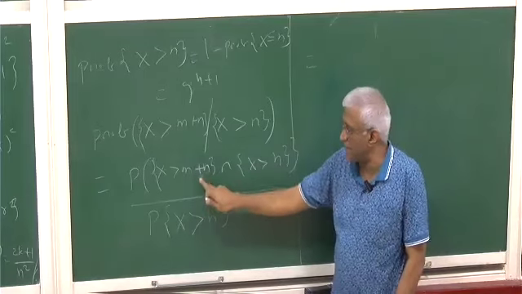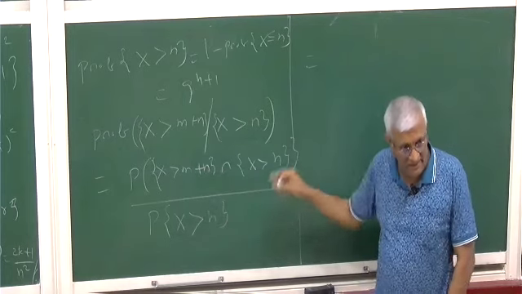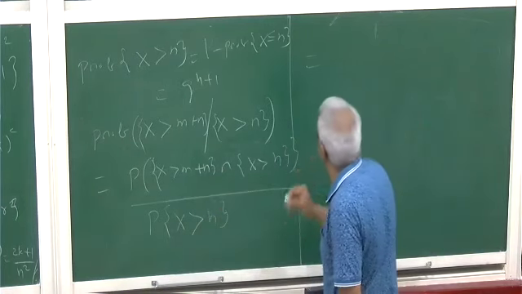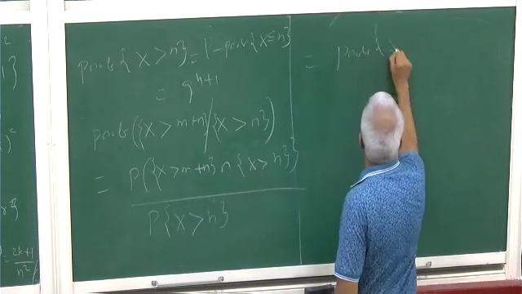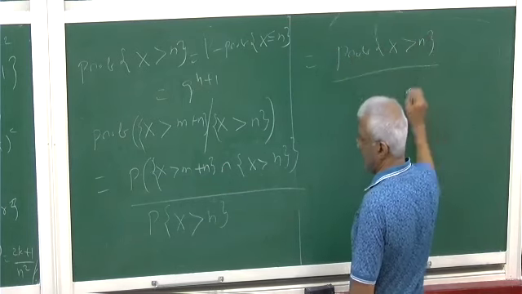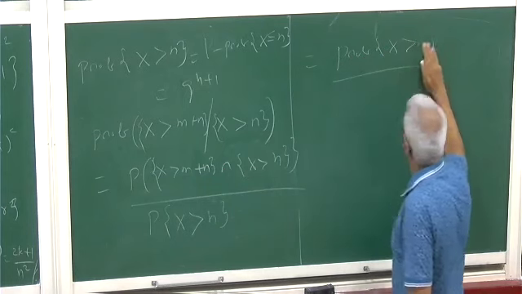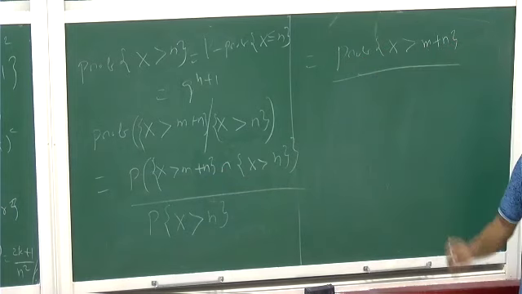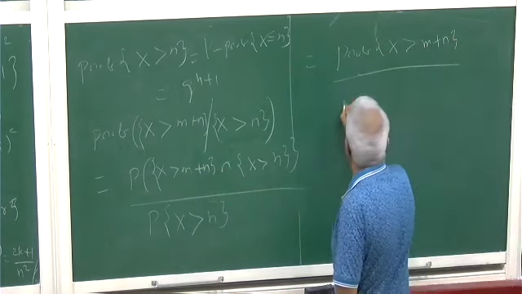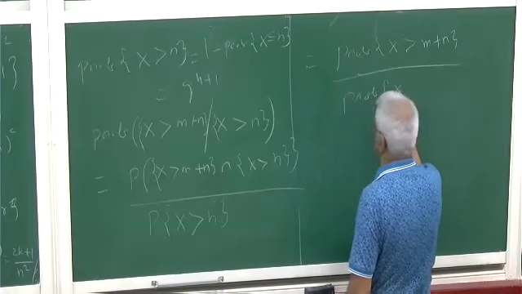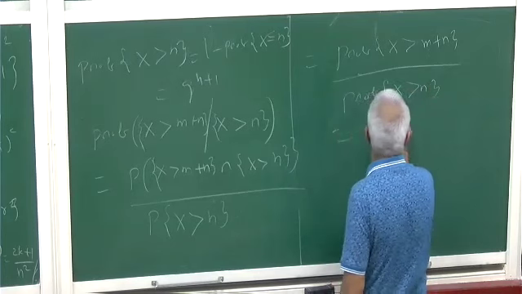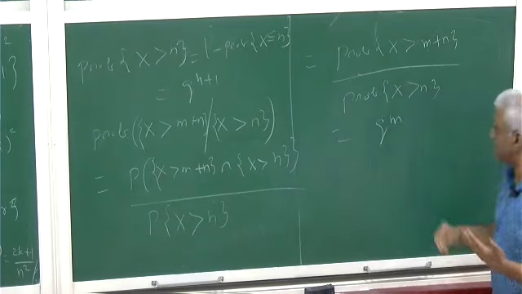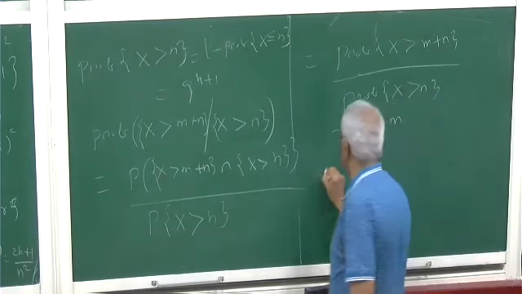The bigger the number, the smaller the set. So the intersection is the smaller set, and this is just the probability of x greater than m plus n divided by the probability of x greater than n, which is a q power, so that this probability does not depend on n.